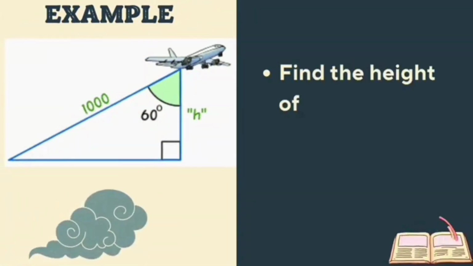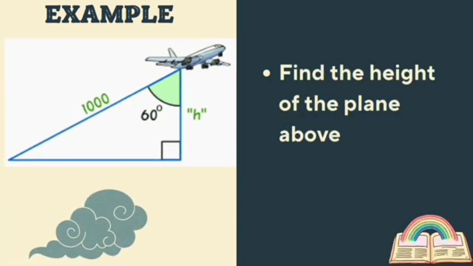In this next example, find the height of the plane above the ground. This question involves a right-angled triangle where the angle of reference is 60 degrees, the hypotenuse of the triangle is 1000, and the height of the plane above the ground is h.